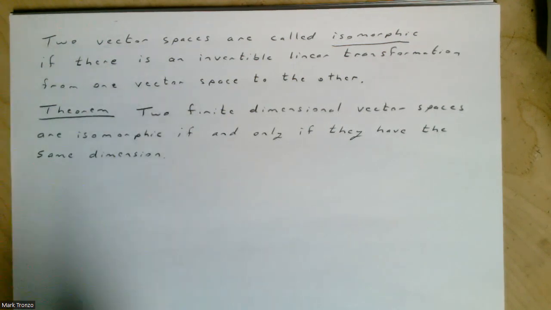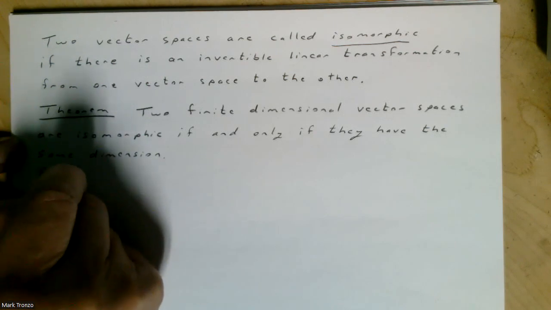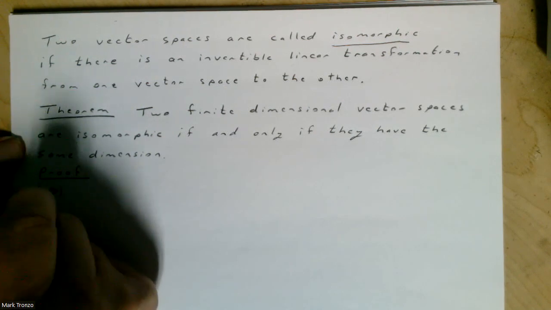It just says any two finite dimensional vector spaces are isomorphic if they have the same dimension. So that's very interesting. And so let's actually look at this. Once again, I'm fairly closely following Axler for these proofs.